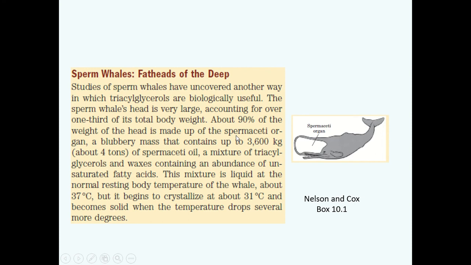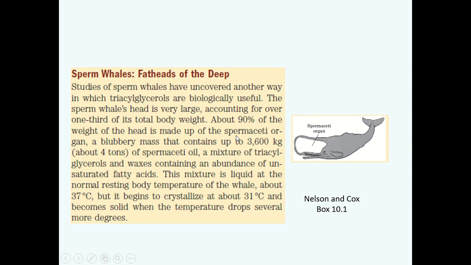This decrease in temperature results in turning the fats into solid. So the transition temperature is such that close to 31 degrees centigrade, these fats are going to turn into a solid. Hence, that results in an increase in the density. This increase in the density helps in countering the buoyant pressure which is exerted at great depths when the whale is diving.